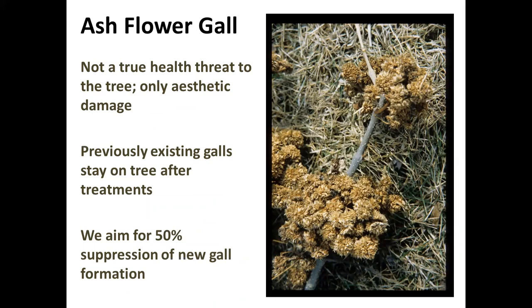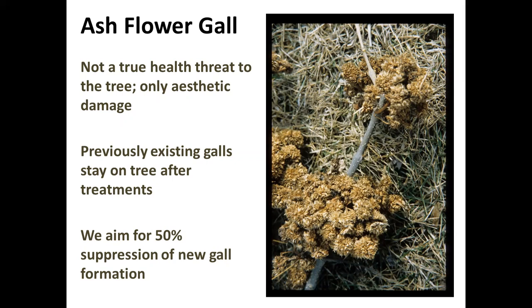If they want to treat for this, but they're not treating their emerald ash borer, they're really kind of misguided, because this is not harming the tree at all, but the EAB will kill the tree. And the treatments are not very effective either.